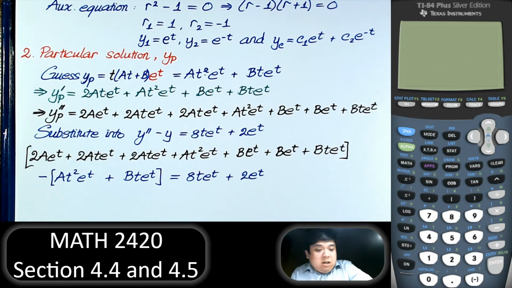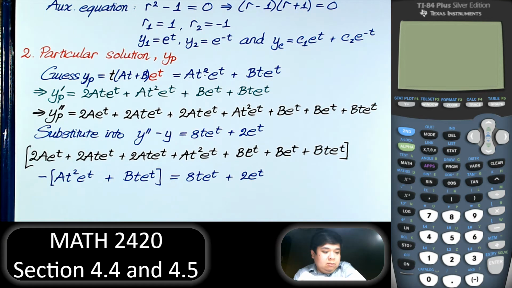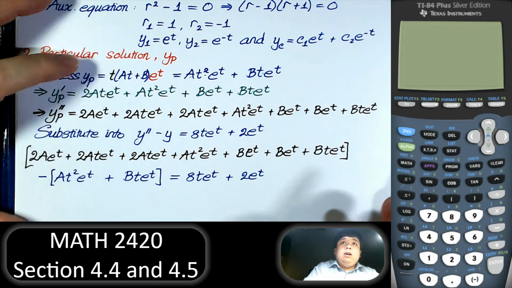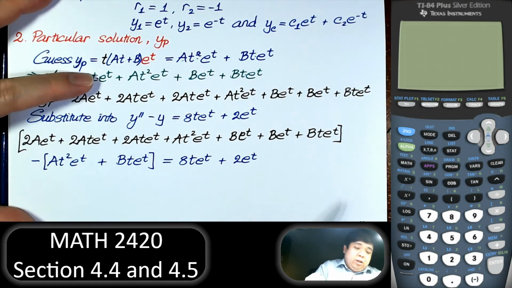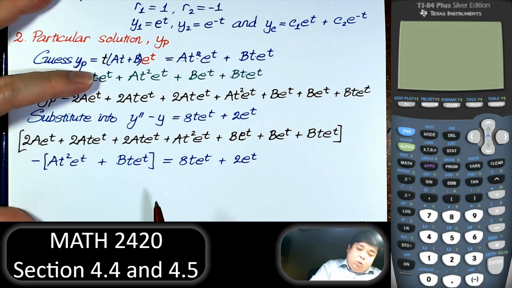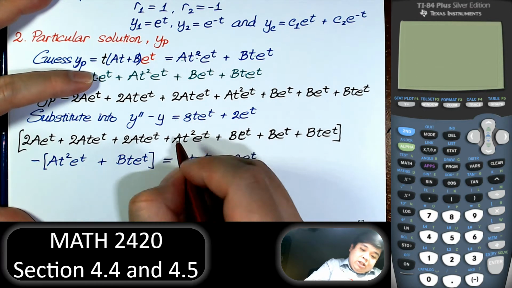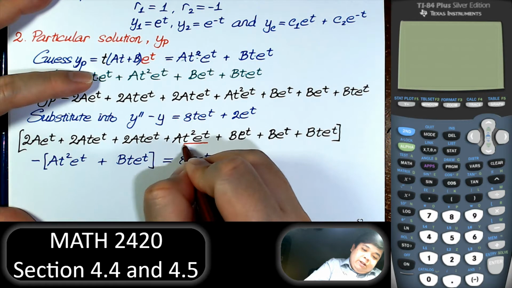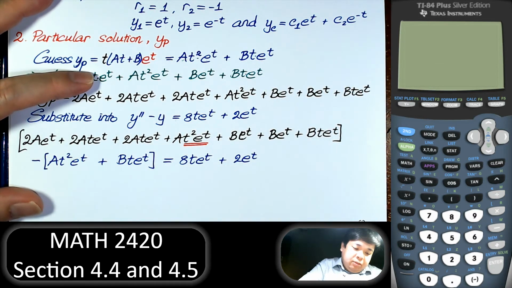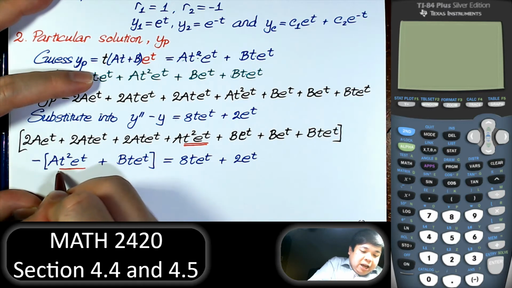Right, combine like terms. So how many of these do we have? First, let's look at the t squared e to the t. Let's see how many of those we have: 1 and 2.